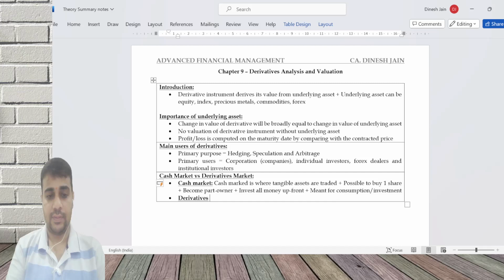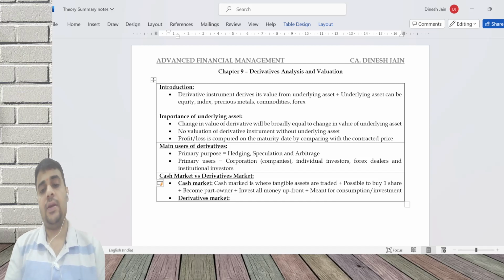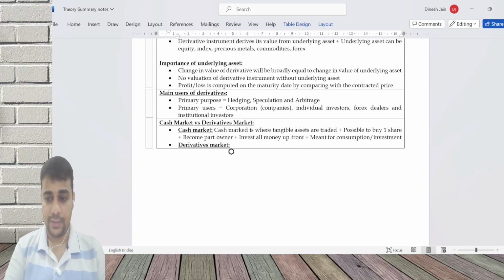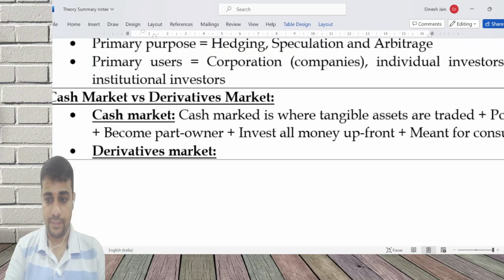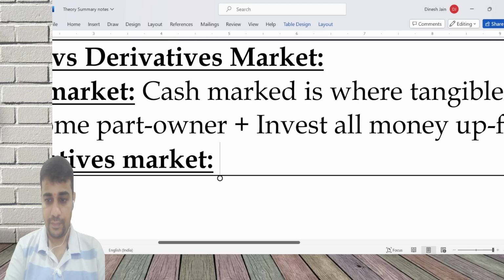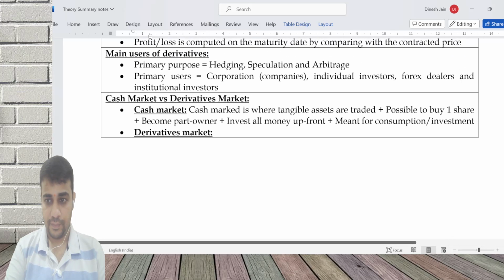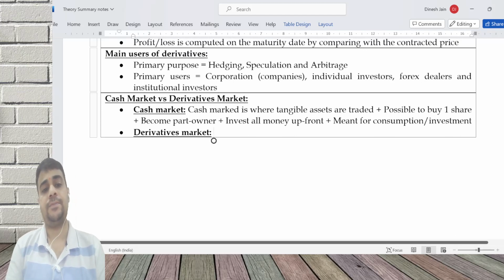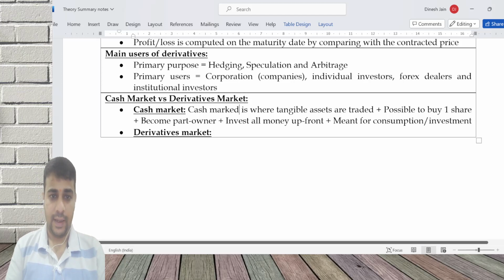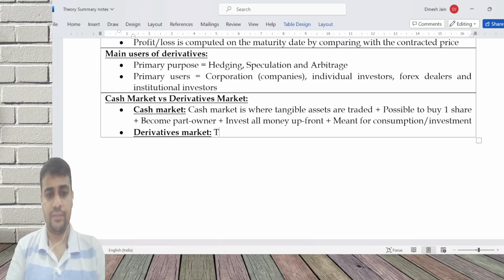Derivatives market, where tangible/intangible assets are traded.